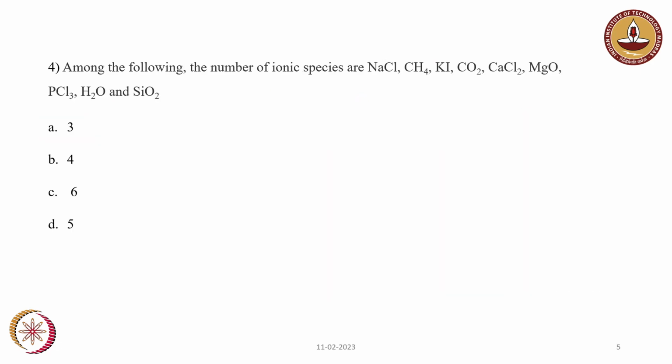The next question is: among the following, the number of ionic species are sodium chloride, methane, potassium iodide, carbon dioxide, calcium chloride, magnesium oxide, PCl3, H2O, and SiO2. To solve this problem, we need to know the electronegativities of each element.